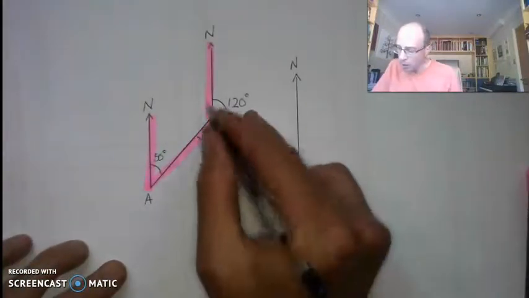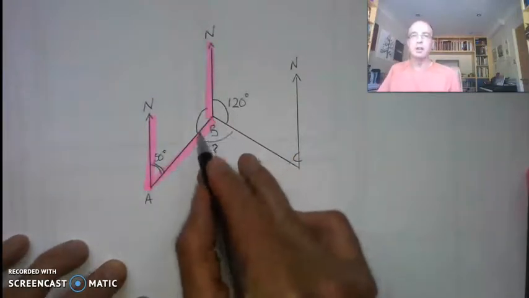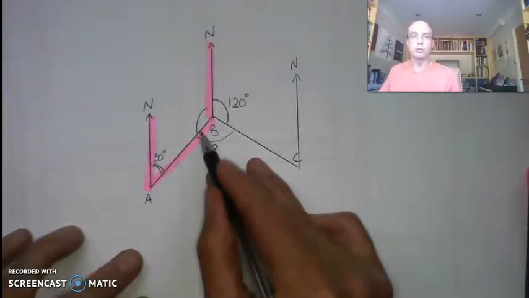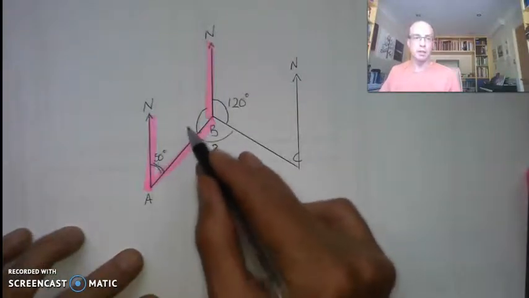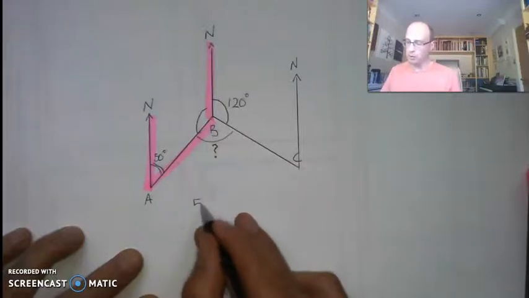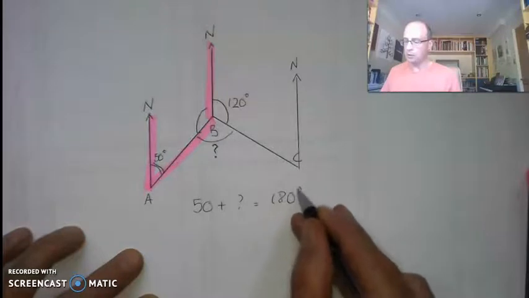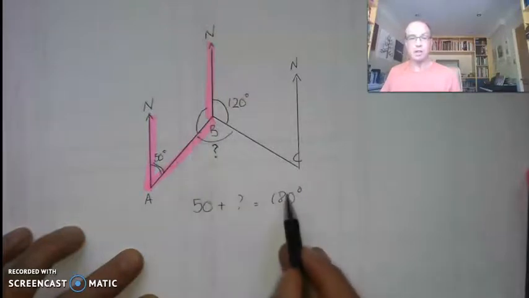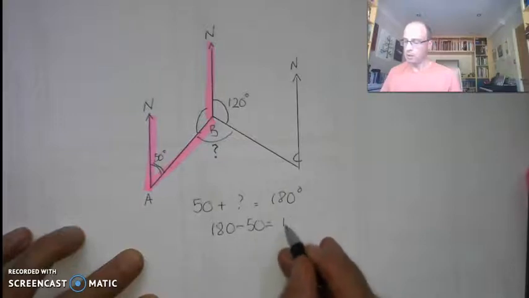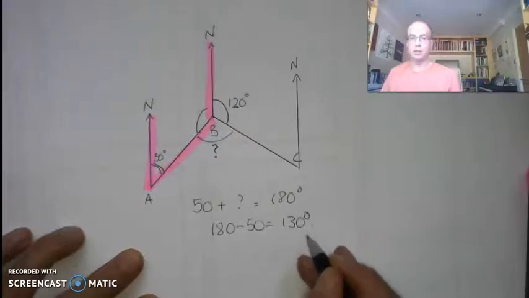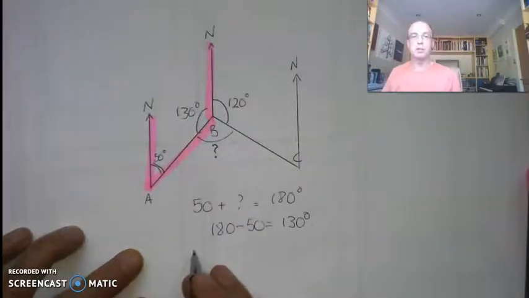So I know that the 2 angles inside my C are called co-interior angles, and I know that they sum to 180 degrees. So I know that 50 plus this equals 180 degrees. So this angle here is 180, take away 50, is equal to 130 degrees. So this angle must be 130 degrees.